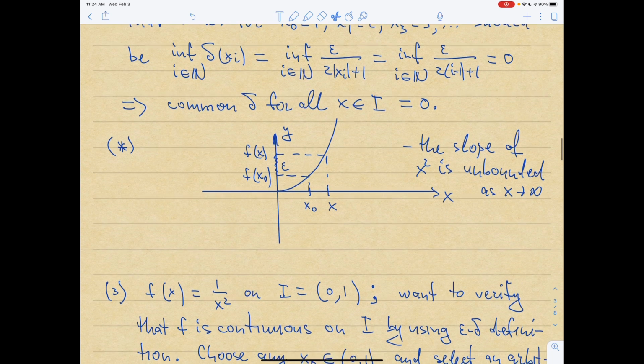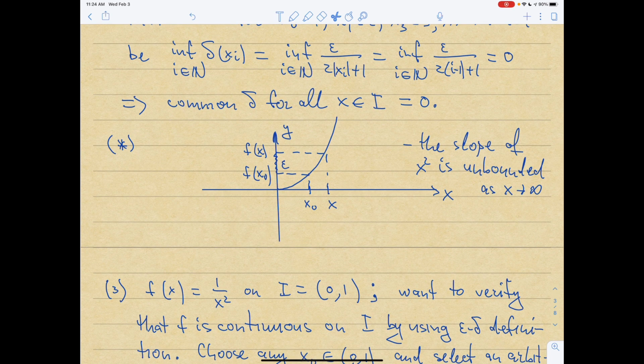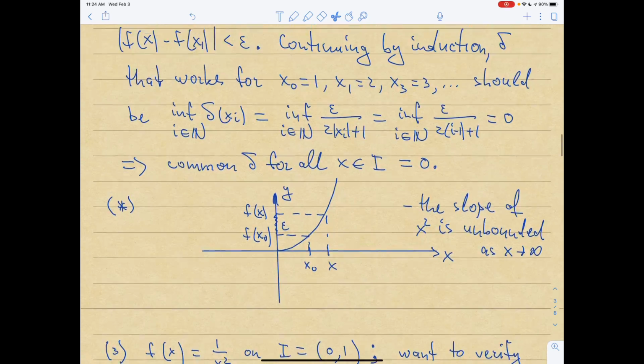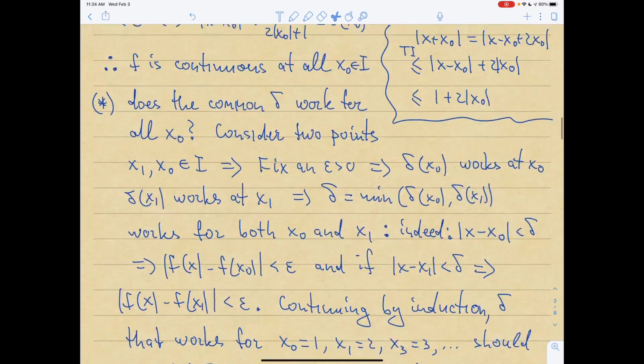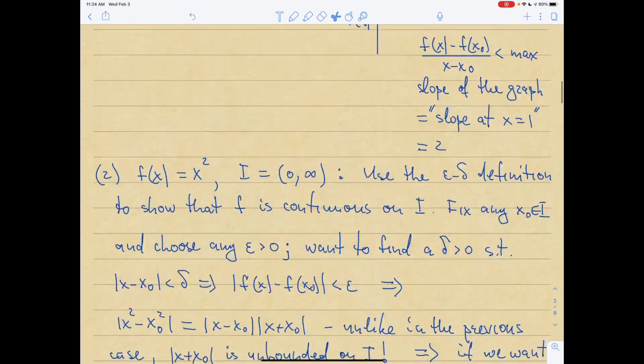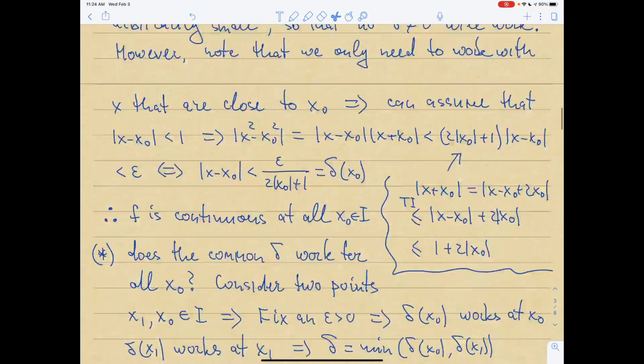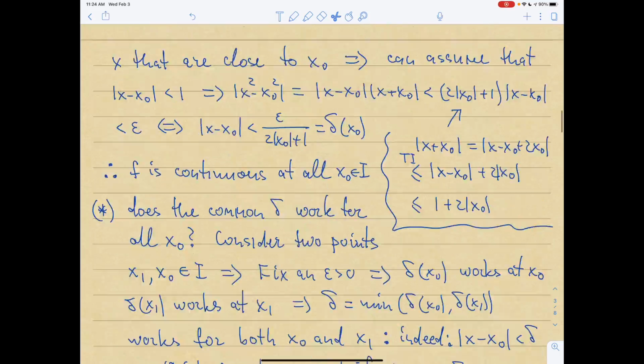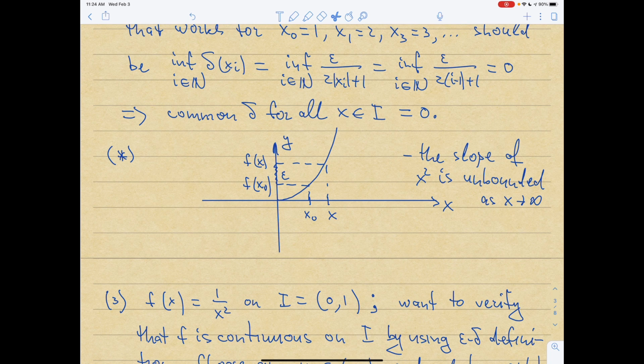And for f of x equal to x squared, where we take x between 0 and infinity, in this case, the interval we can take closed, right? We can include 0, there is no problem.